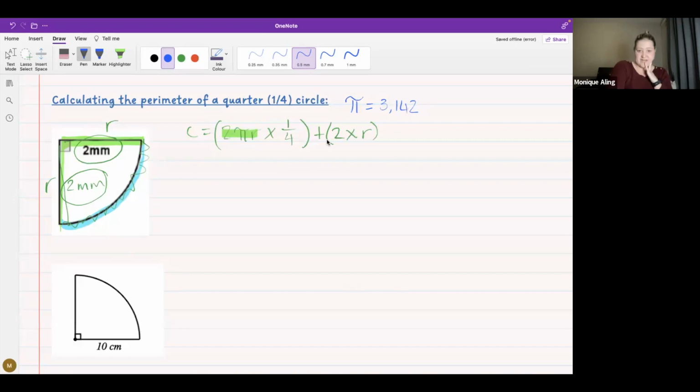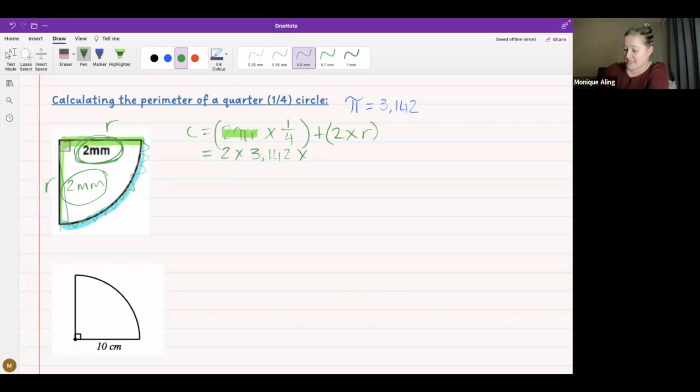Okay, I'm getting very different answers. So let's look at it. It is 2 times pi, which is 3,142, times our radius. Don't need to work it out, it's given to us.